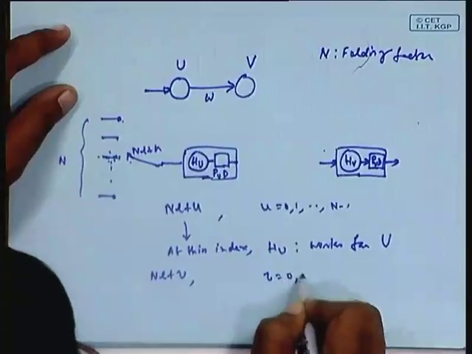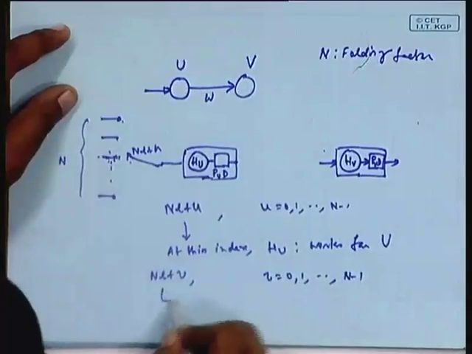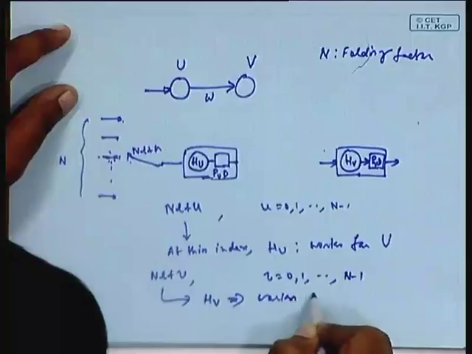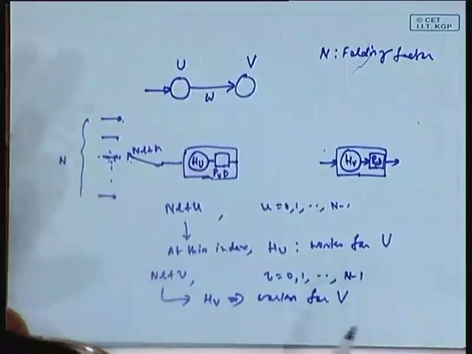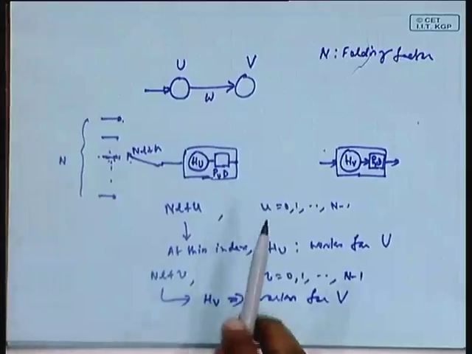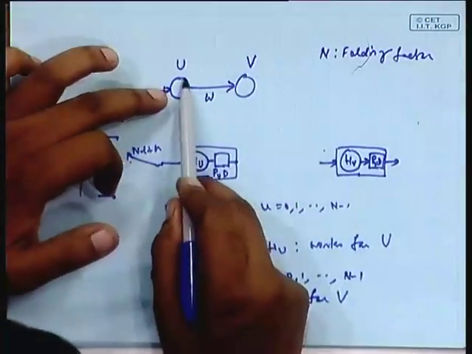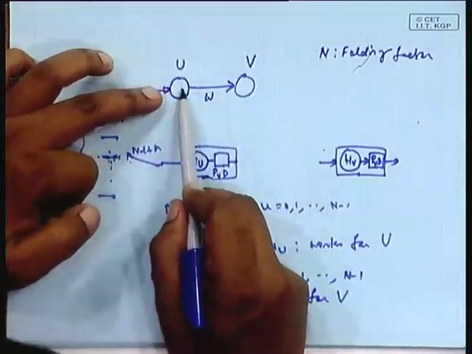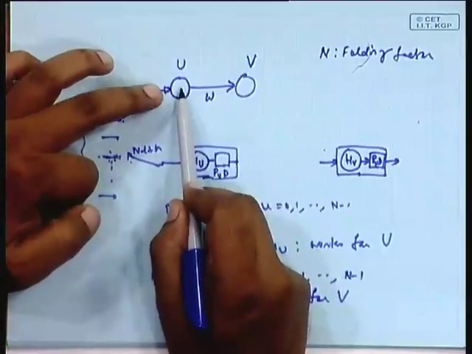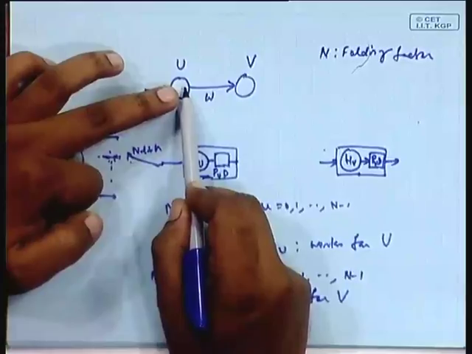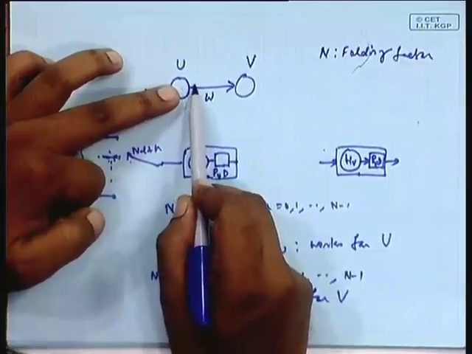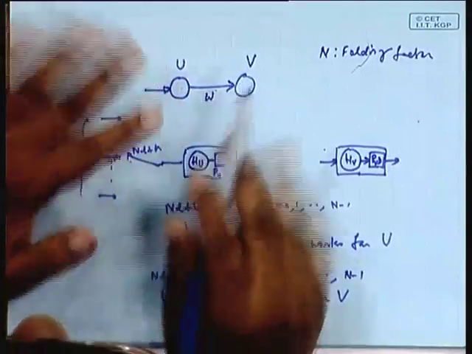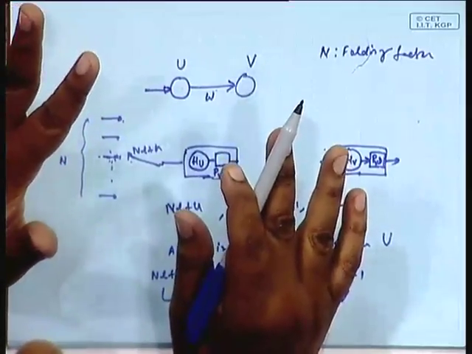NL plus v, here HV works for v, fine. Now, let us see, for correctness, if the data is processed at this node U at any cycle, say Lth cycle, then after that L plus 1, L plus 2, L plus 3 and L plus Wth cycle, that should reach here and be processed by V in the correct original system, right.